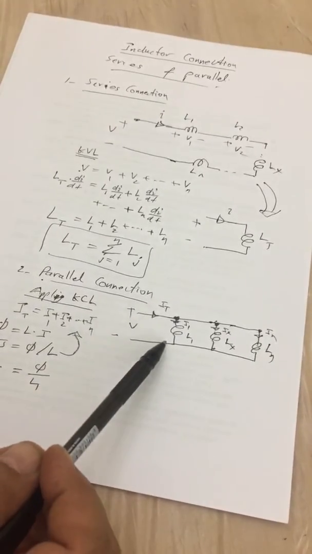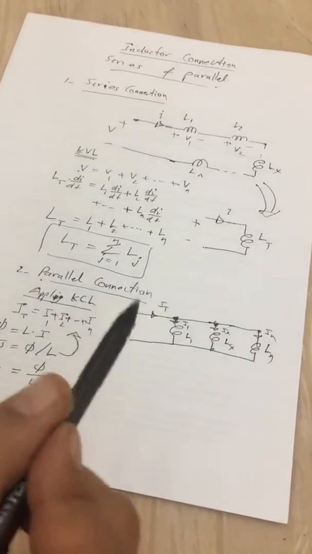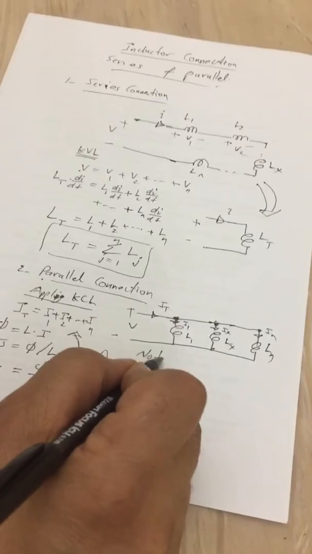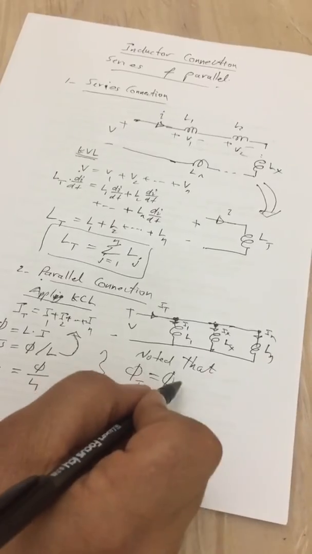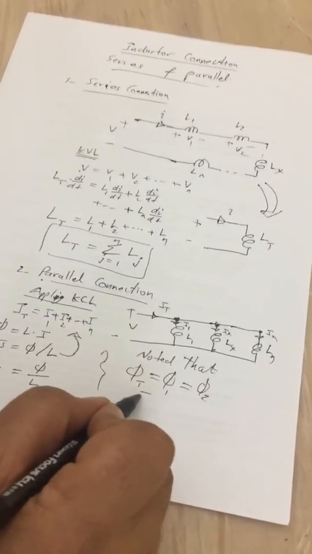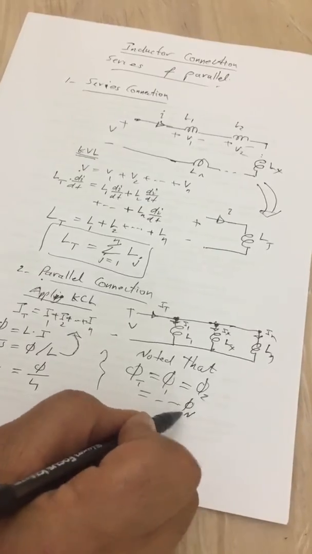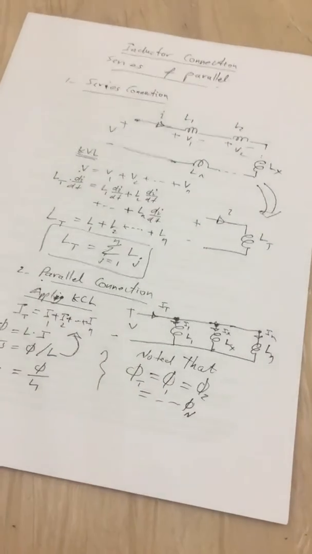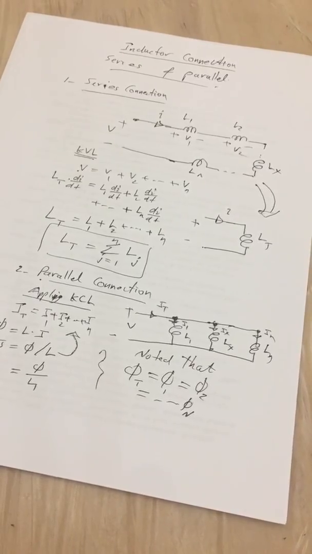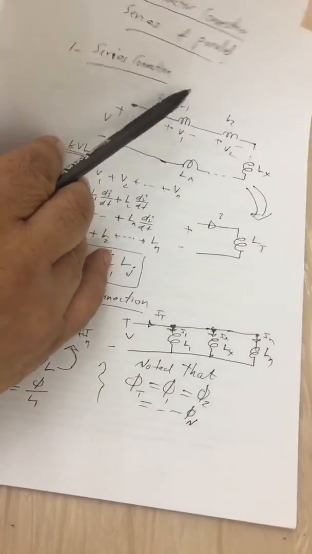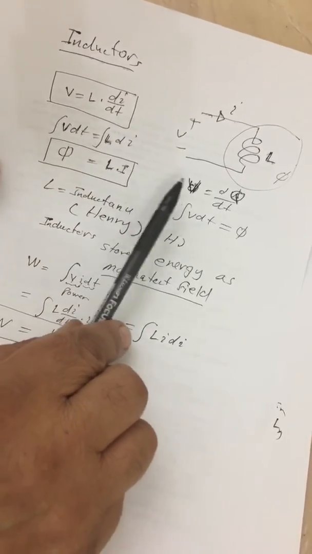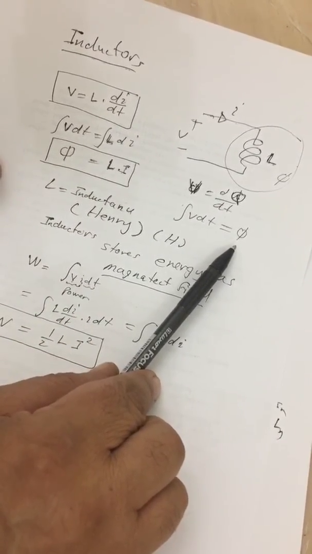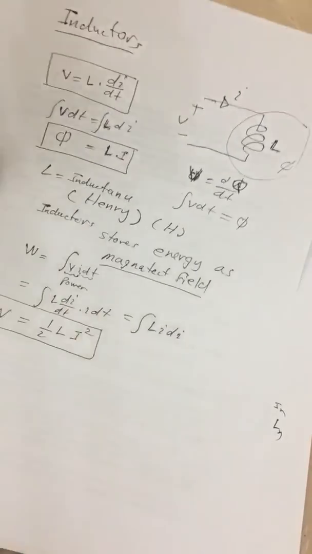Note that flux total equals flux 1 equals flux 2 equals flux n, so the fluxes will be the same. Why? Because they are connected in parallel, and based on the relationship I just told you about Faraday's law, V equals change of flux. And we have the same voltage V across all the parallel elements, which means the magnetic flux should be the same because they are connected in parallel. Okay?